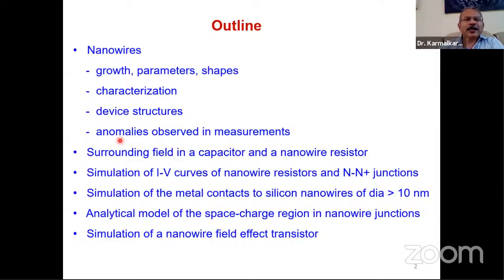Then we will point out some anomalies observed in measurements. That is, for the same device, on a large scale you get some characteristics, but when you reduce the size, the characteristics change. We will see what those changes are. Then we will try to explain these observations by theory. That is essentially the outline of the talk.